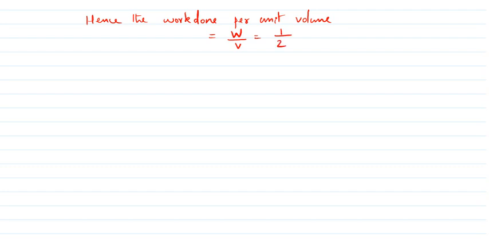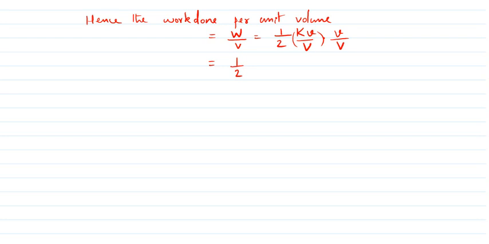So hence the work done per unit volume will be W by V equal to half into kV divided by V into v divided by V. This is the equation, and we can write it as half.